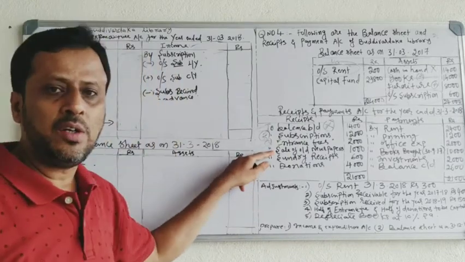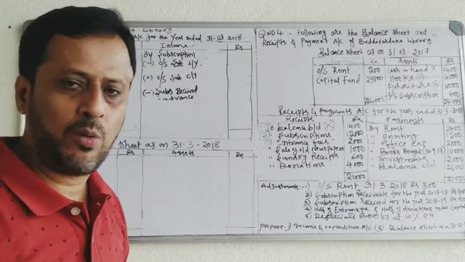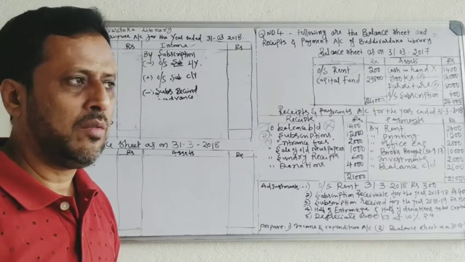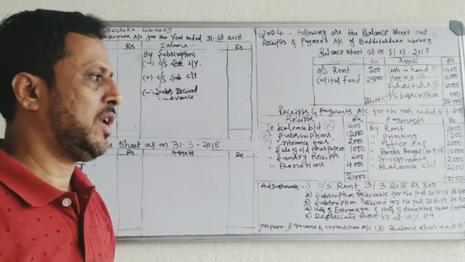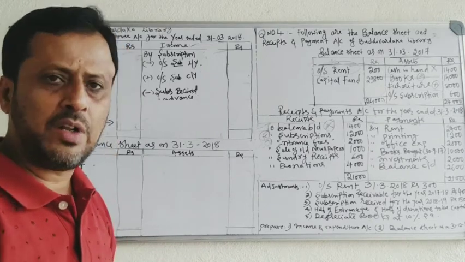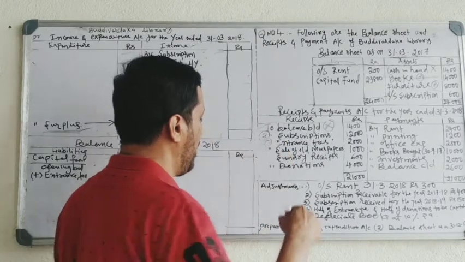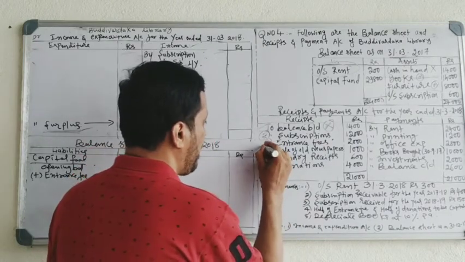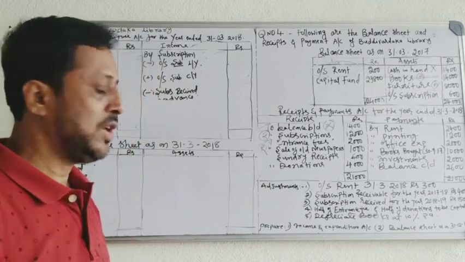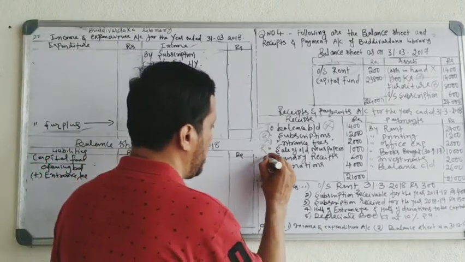Sale of old newspaper. For a library, disposing of newspapers is a regular income. Whenever the library disposes of the old newspapers regularly, it gets income. So it is a revenue receipt. Sundry receipts means other income, so this is also a revenue receipt.